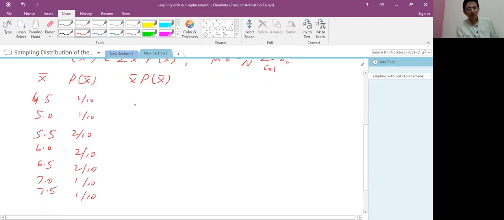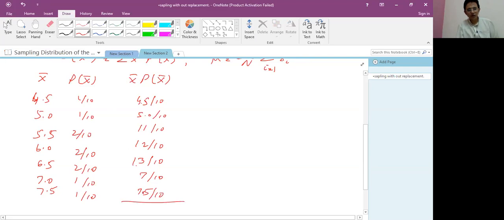If we multiply together, student, 4.5 upon 10, 5.0 upon 10, 5.5 into 2 is 11 over 10, 6 into 2 is 12 over 10, 6.5 multiplied by 2 means 13 over 10, 7 into 1 is 7 over 10, and 7.5 over 10.